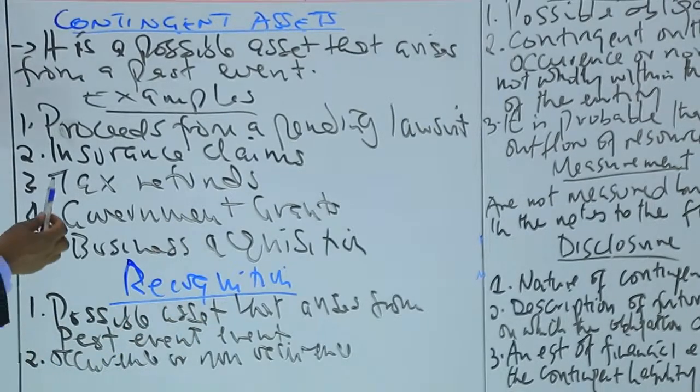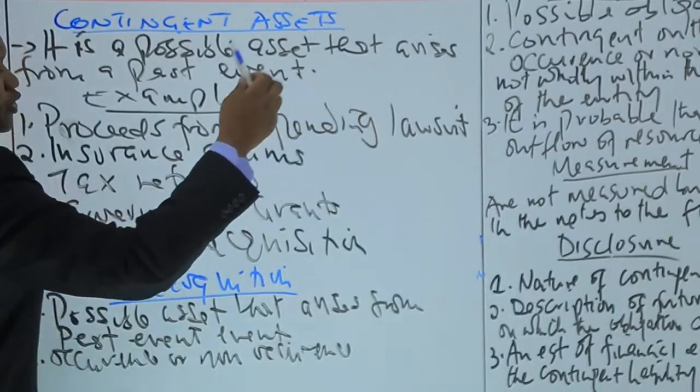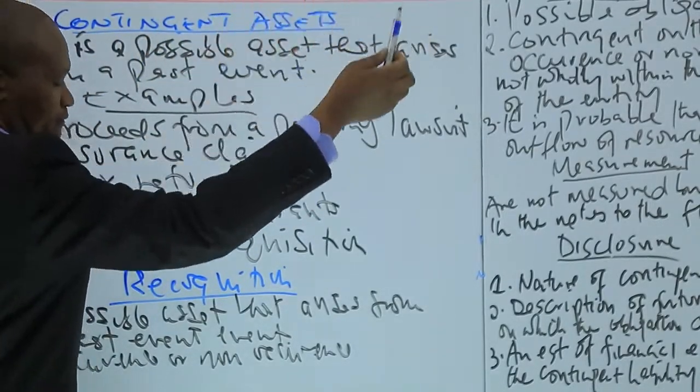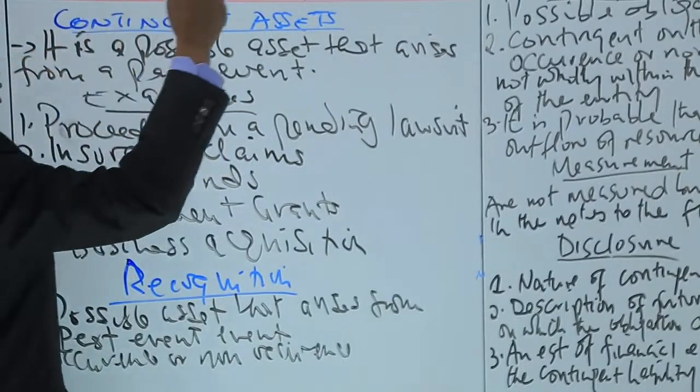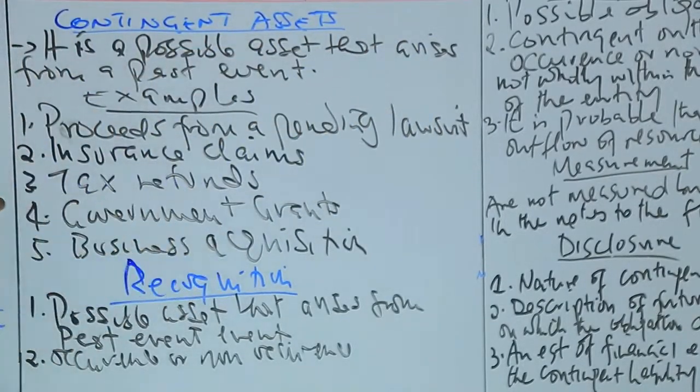For example, proceeds from a pending lawsuit. The proceeds from a pending lawsuit may occur in future. The company may receive these proceeds in future.